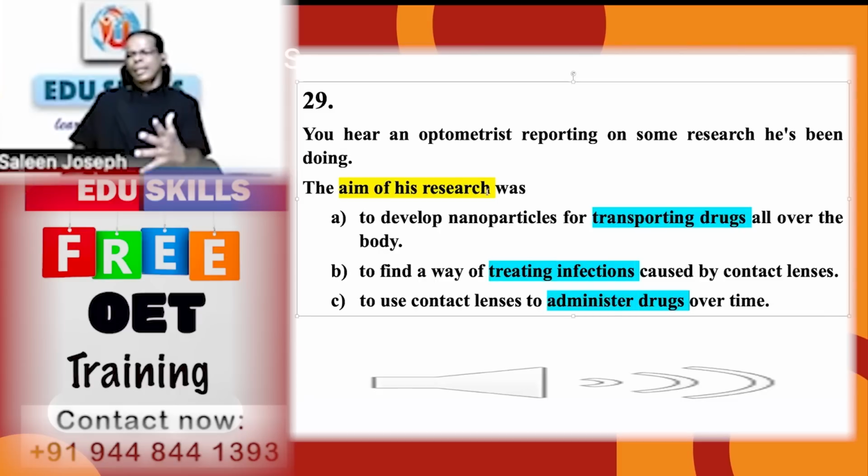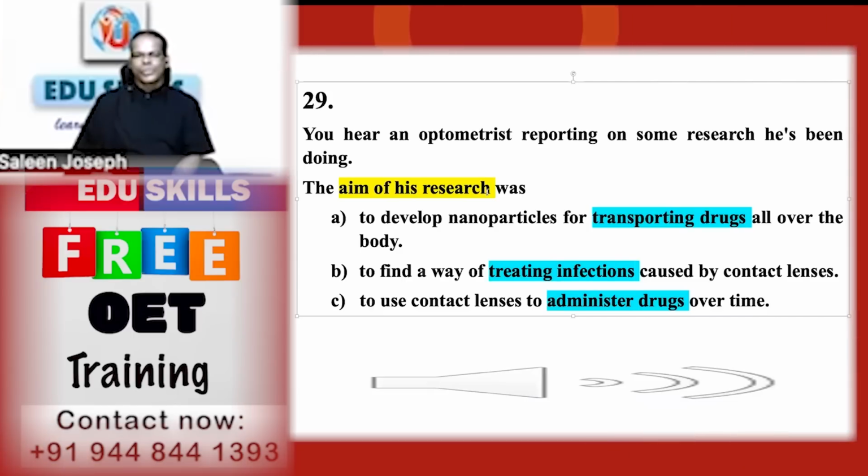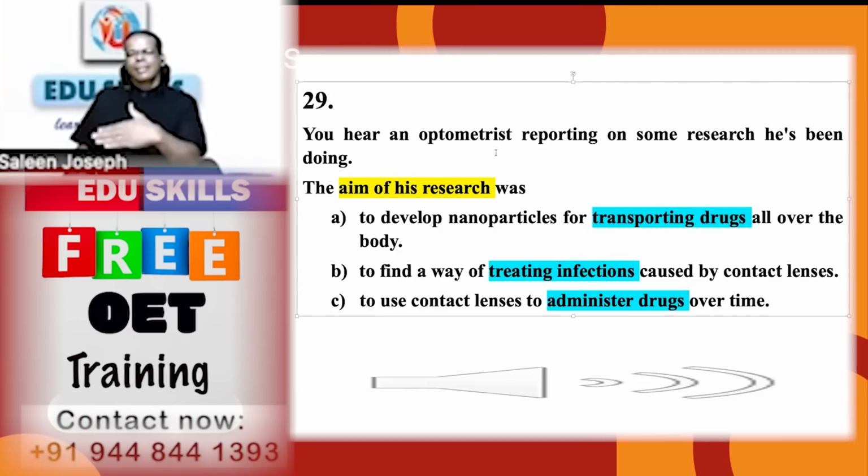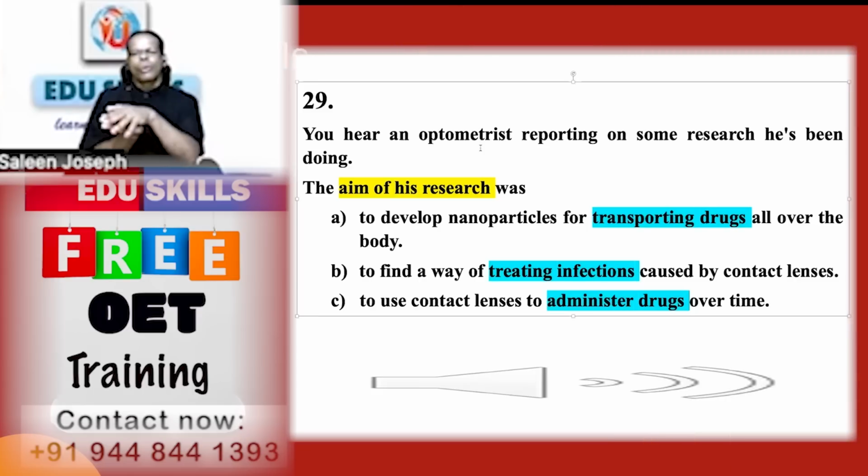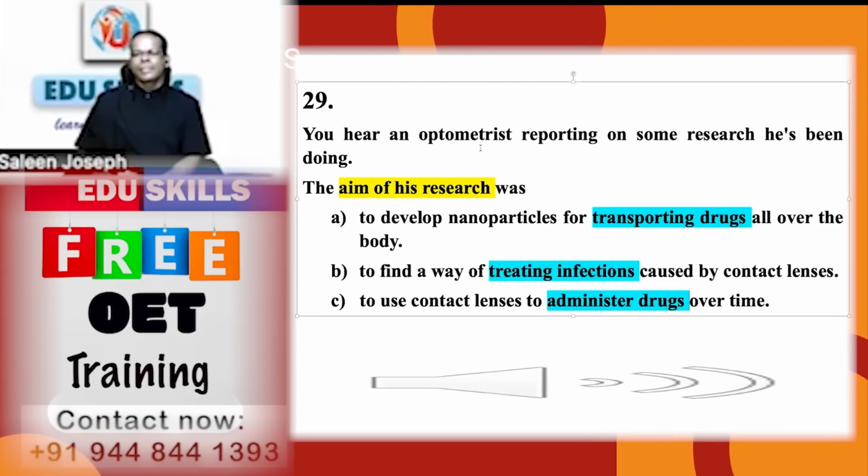In the sense, you have to foresee. Research means every research is trying to find out solution for some problem. Research means deep study to find out solutions. So there will be a problem presented and solutions presented. So optometrist is doing a research. Immediately as you hear optometrist, you know on what will be doing the research?